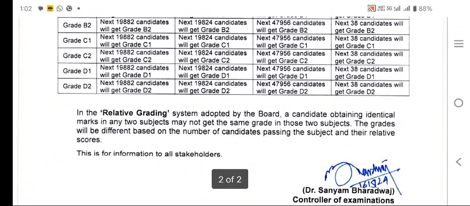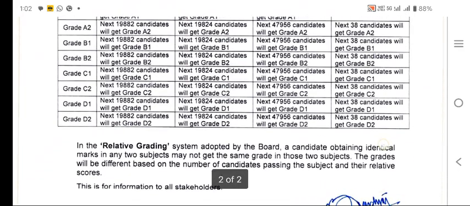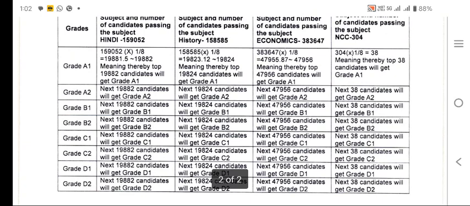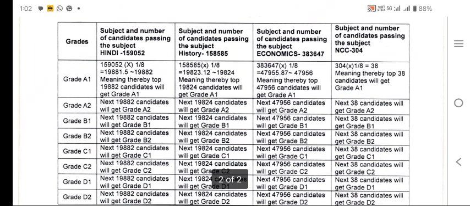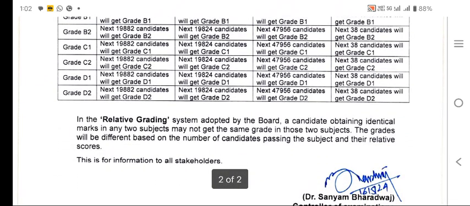In the relative system adopted by the board, a candidate obtaining identical marks in two subjects may not get the same grade in two subjects. The grades can be different. Suppose one student scored more than 90%, their grade will be A1 according to the number of candidates passing the subject. So the same marks can be awarded different grades.